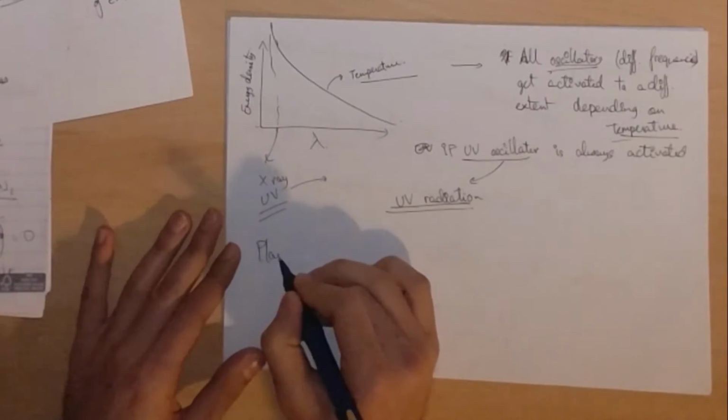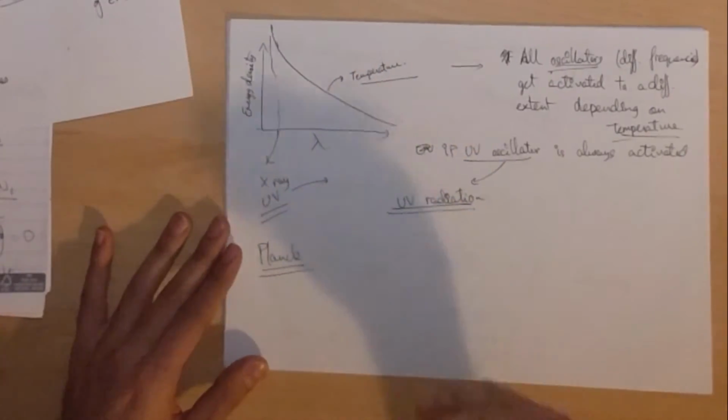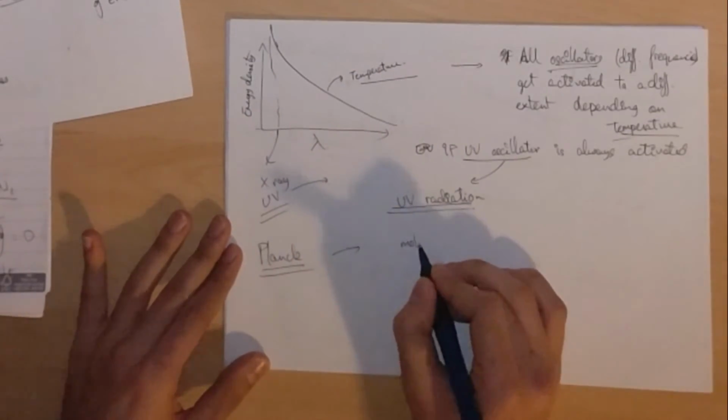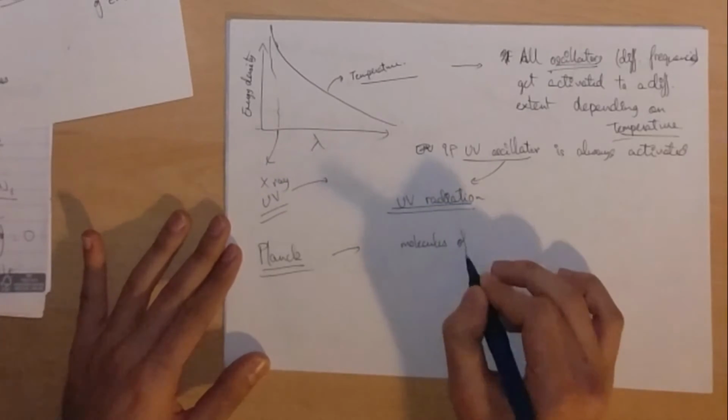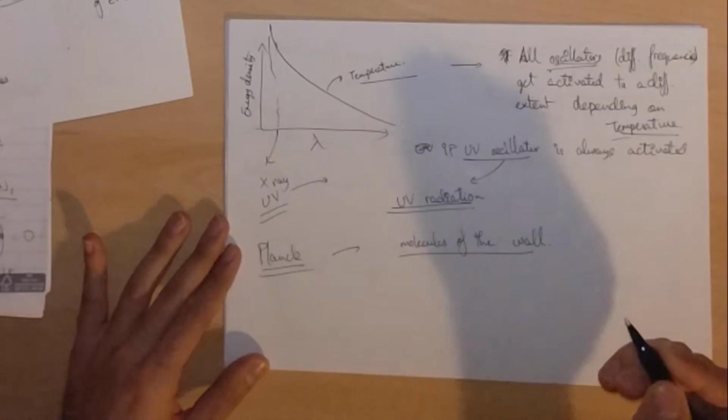This is where Planck came in, and he modified this. He actually took a completely different approach. He looked at the molecules of the wall. And remember how I said that when they vibrate, they release radiation?